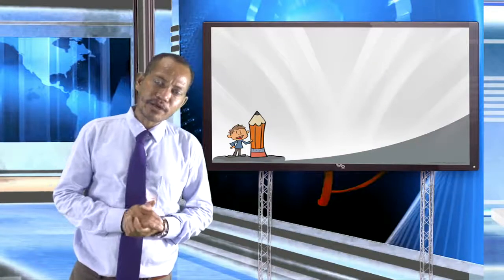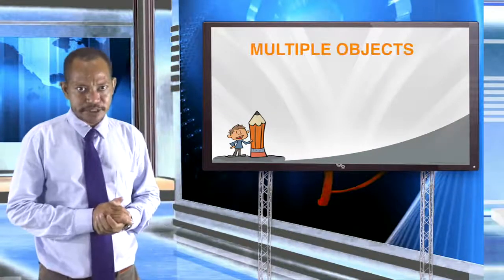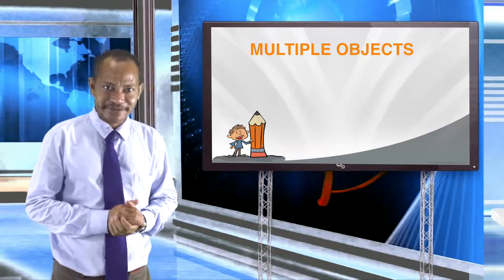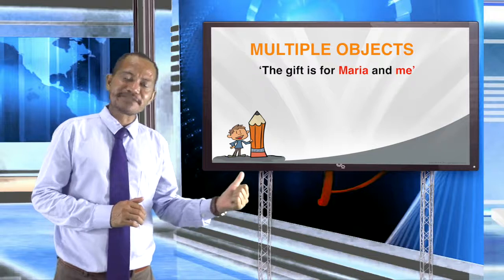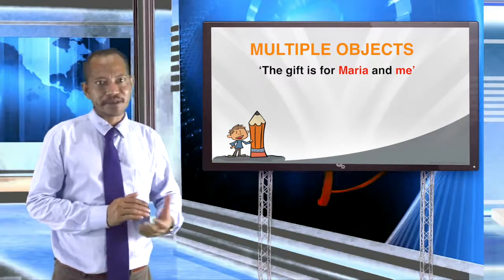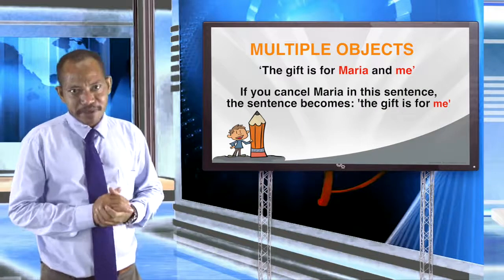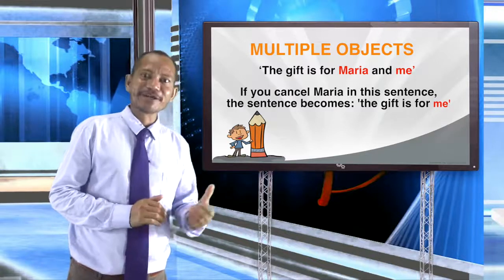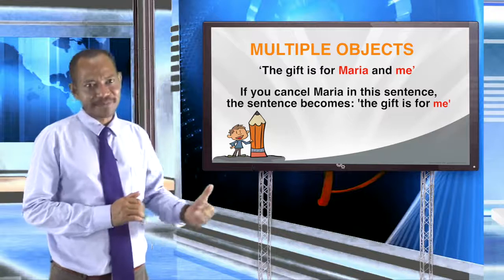Now let's look at how we use multiple objects, as in this sentence you are about to see here. The gift is for Maria and me. Now, if you omit Maria in this sentence, it would be something like this. The gift is for me.